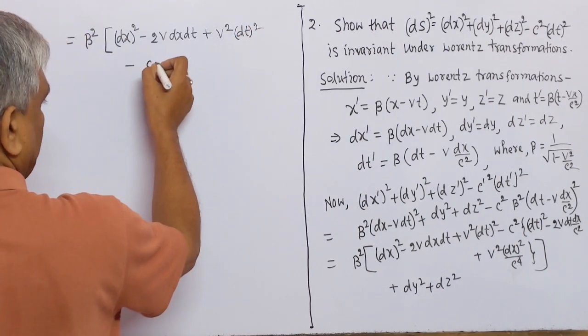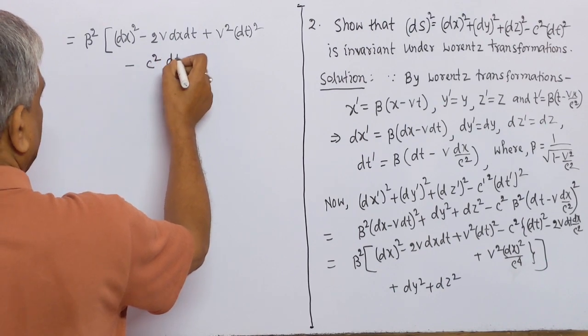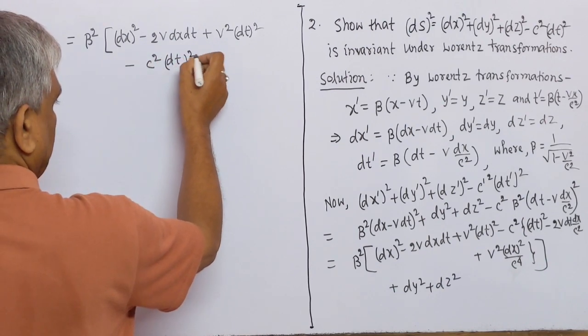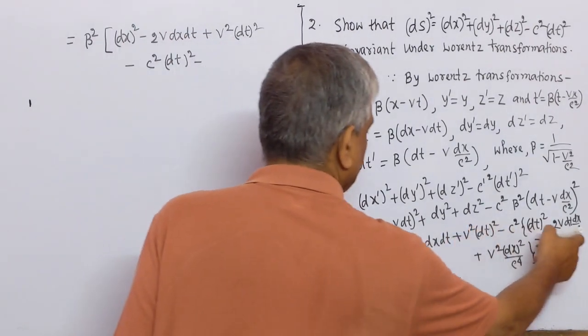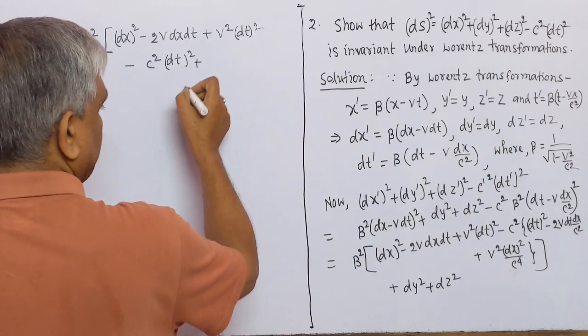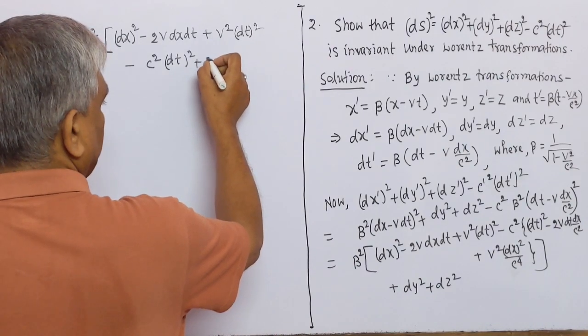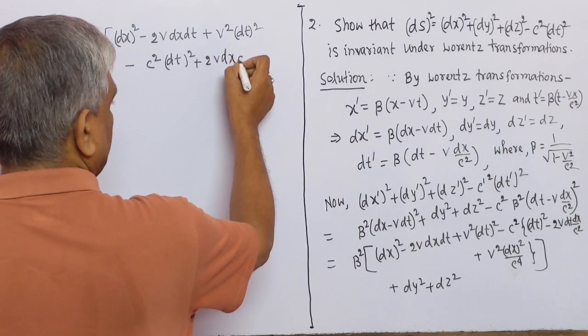minus c square dt square. Minus c square cancel, minus minus plus 2v dx dt.